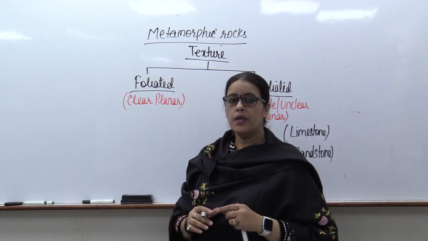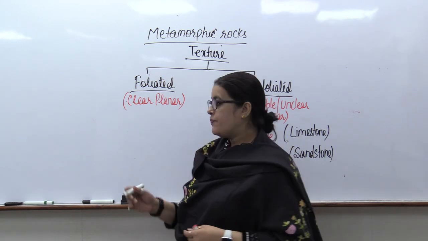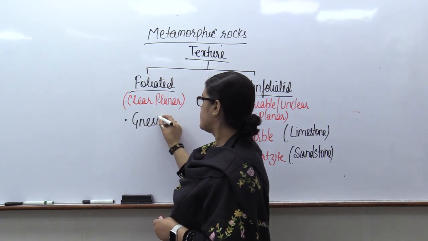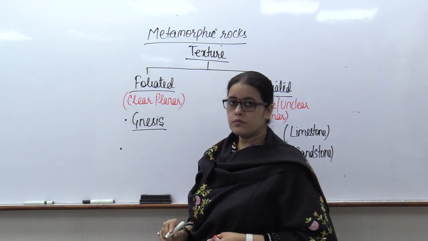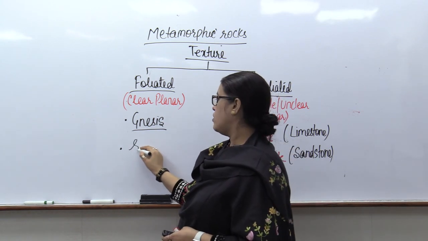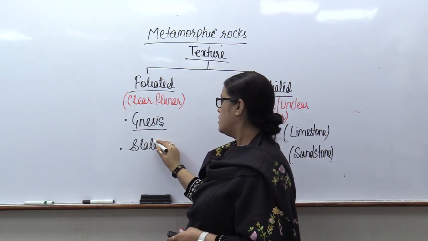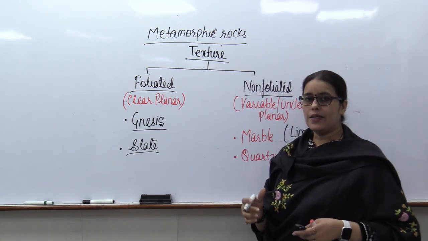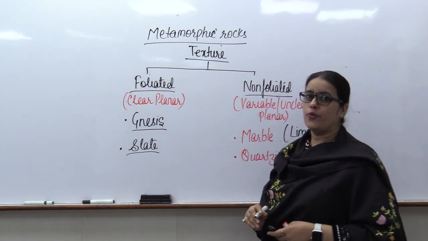Clear planar element, as in they will have repetitive layering. Every example of gneiss, every example of slate will incorporate a clear planar element, and that clear planar element makes them foliated.